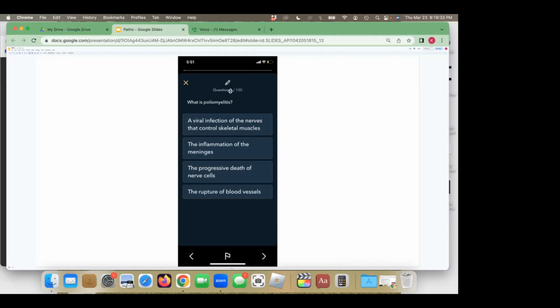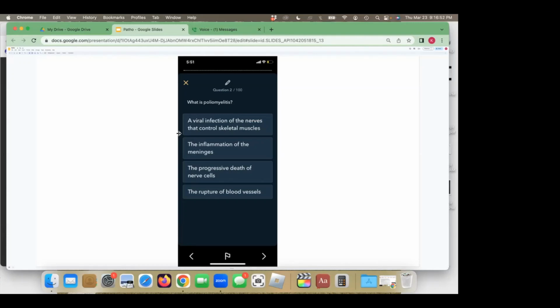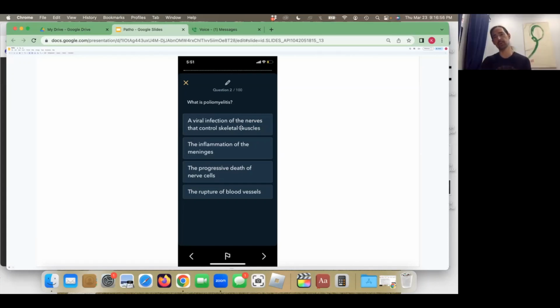What's the main symptom, or what does someone with polio look like? What kind of problem do they have? The hallmark of polio. A lot of times they can't walk. Yes. All right. So that's probably skeletal muscle control.